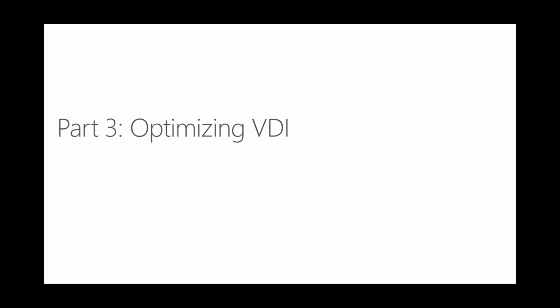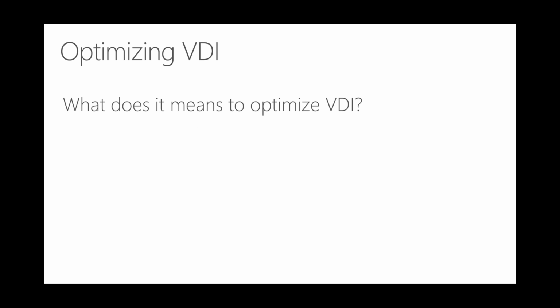So let's start with just a most basic question, Brian. What does it mean to optimize VDI? Well, obviously, there's a lot of technical discussions when it comes to optimizing specific workload. Dependent upon VDI types, you can optimize the client OS on the physical endpoints to jump into the virtual environments the most efficiently.